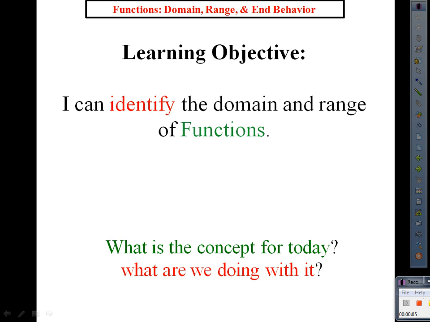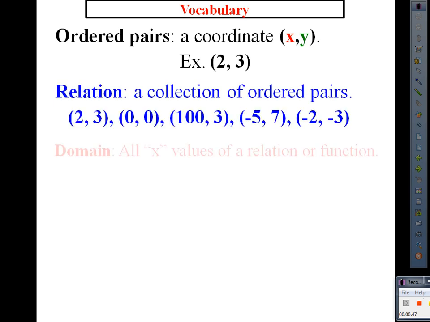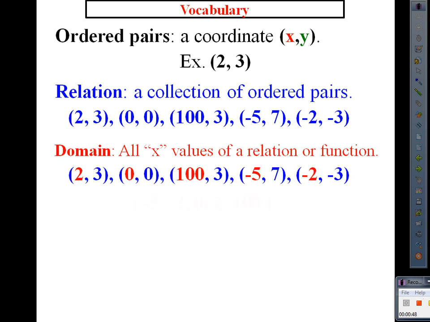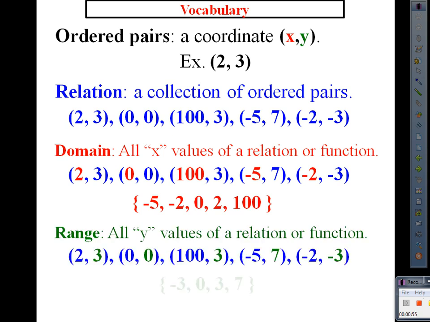So, just to recap from what we covered yesterday. Yesterday we covered some vocabulary. We covered ordered pairs, and I gave you an example. We covered the relation, with an example. We covered the domain, with an example using set notation. And then I gave you the range, same thing, examples and examples.